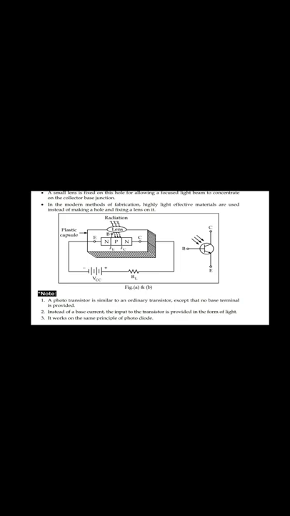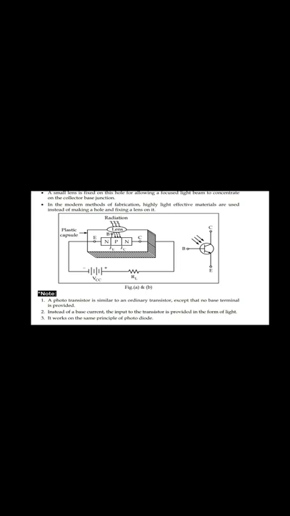So how it is amplified we have to discuss. In an ordinary transistor with the base terminal open circuited, the collector base leakage current ICB0 will act as the base current.